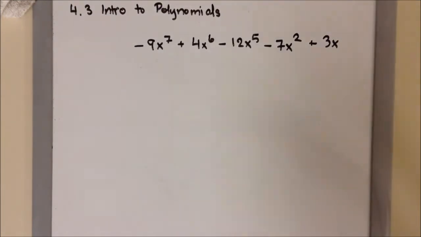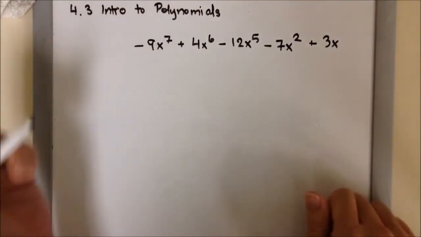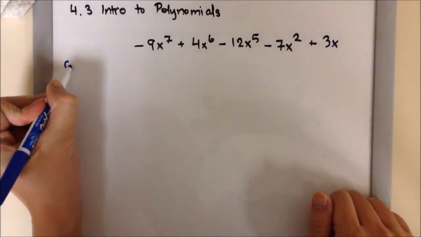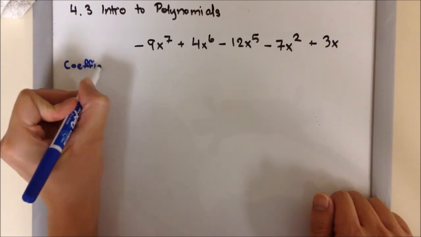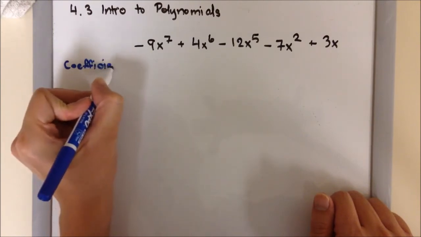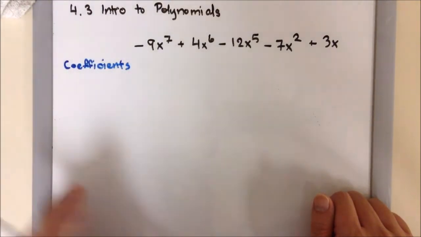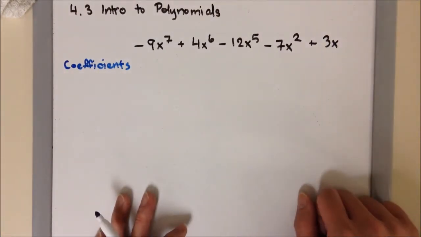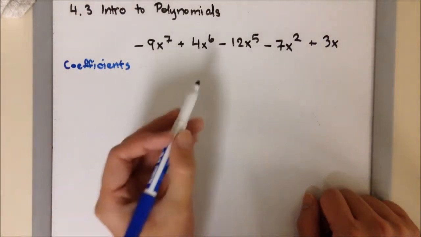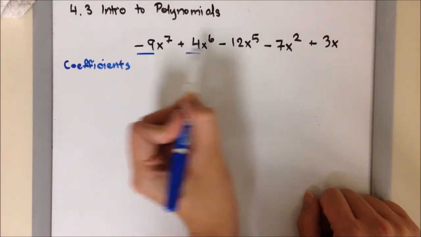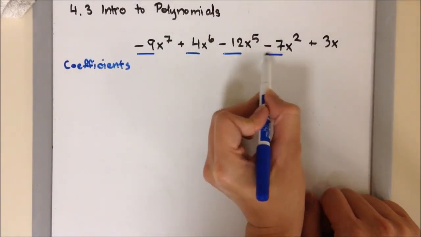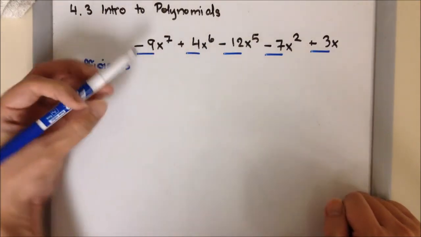Alright, the next part we're going to talk about is called coefficient. So let me write the word coefficient. Coefficients are the numbers that are in front of the variable. So let me underline them: -9, +4, -12, -7, and +3.